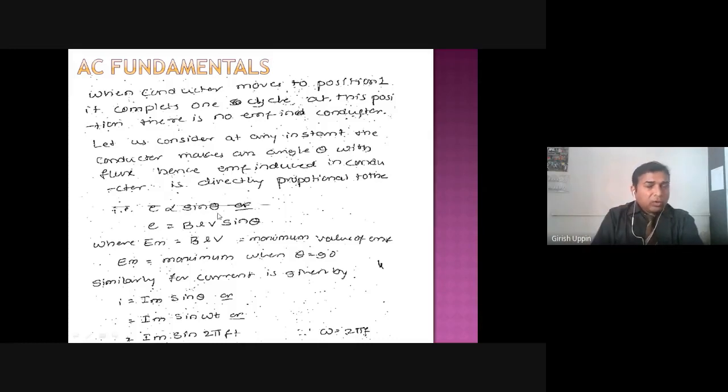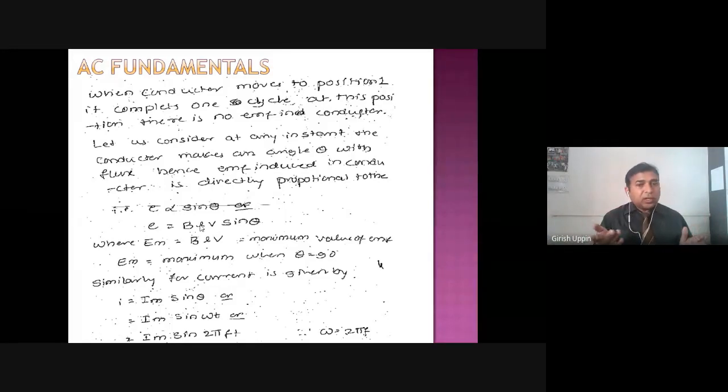The amount of voltage generated will depend on these three factors: flux density, length and velocity. If you have more flux density, then the amount of EMF generated is more. The more the length of the conductor, the more the EMF generated. And velocity, how much faster you rotate.